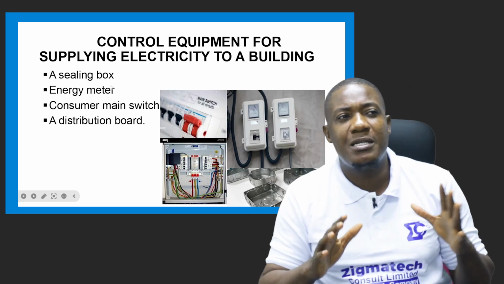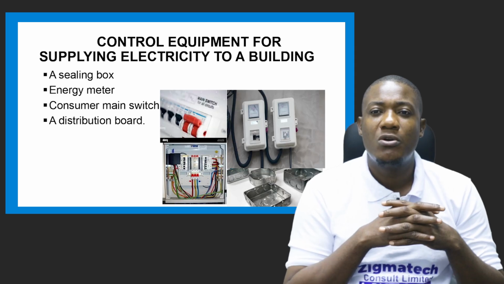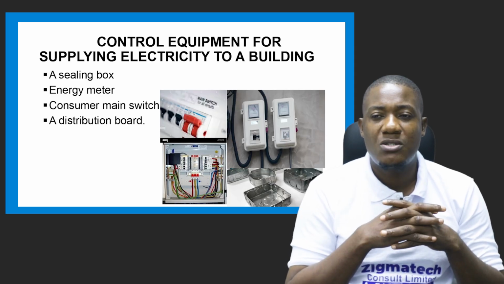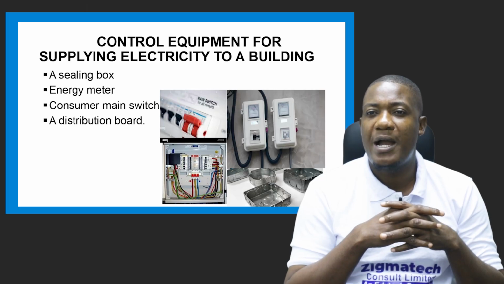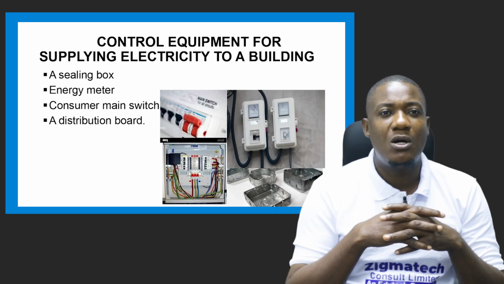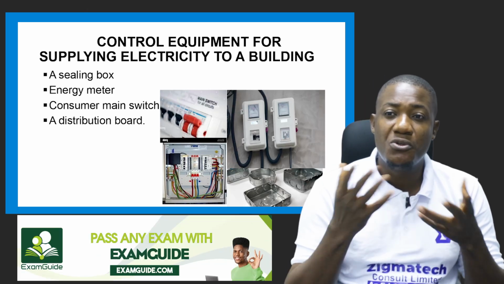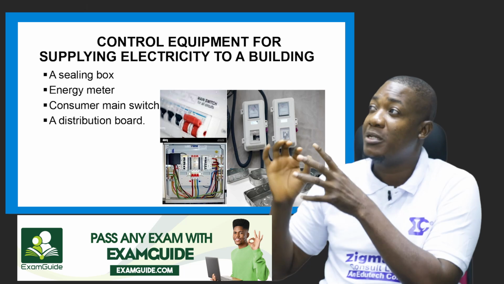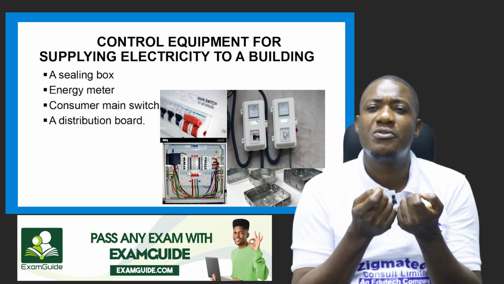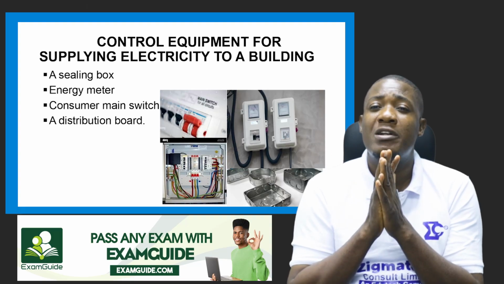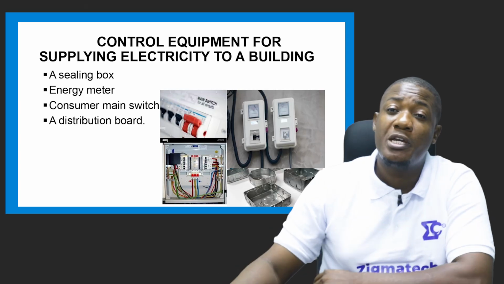The energy meter here is the meter that reads the amount of energy that you consume. From there, it enters the distribution box, where we have different switches, different fuses for different rooms and partitions. Then once this electricity is connected to different fuses, then you have electricity supply in your homes and you keep enjoying electricity.